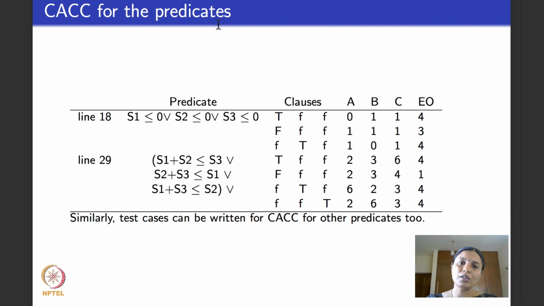Now I have attempted correlated active clause coverage for the predicates. Consider a predicate like this in line 18: S1 less than or equal to 0, or S2 less than or equal to 0, or S3 less than or equal to 0. It has 3 clauses. You have to make each clause the major clause in turn, make it determine the predicate.